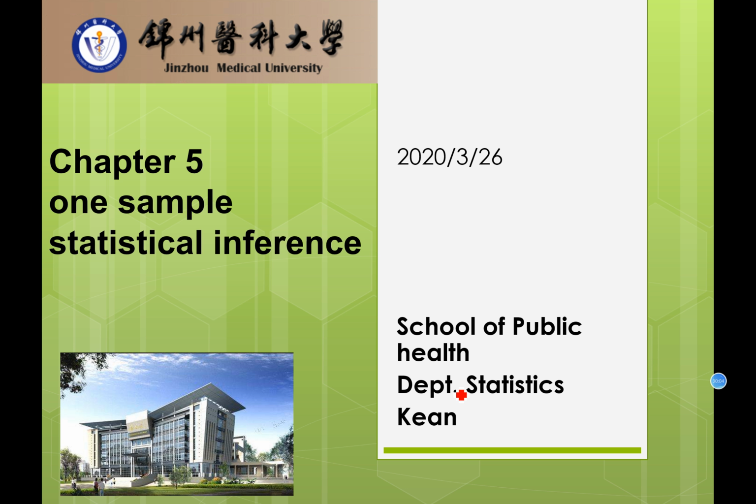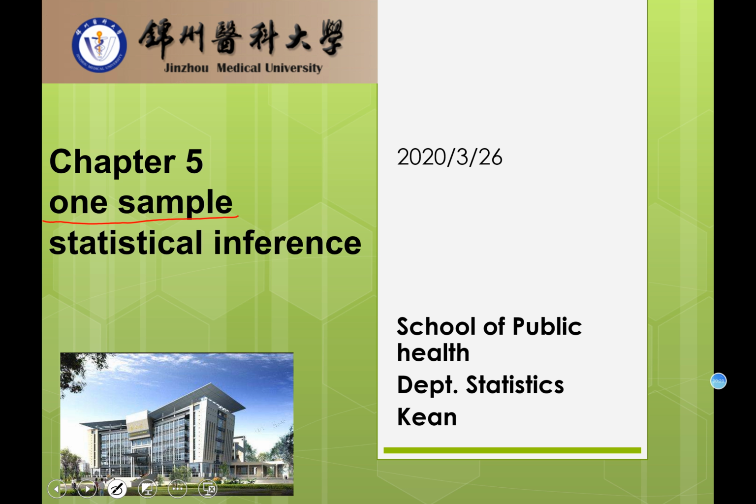But these two words are very important: one sample. So what's the meaning of one sample? That means in the questions of chapter 5, there will be only one sample.